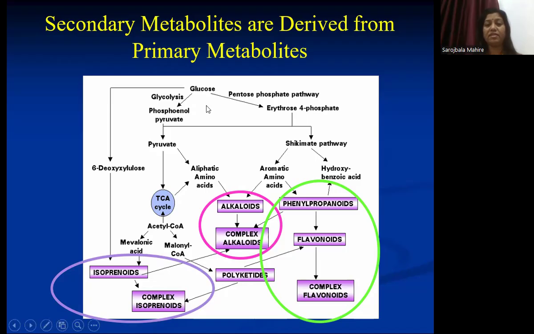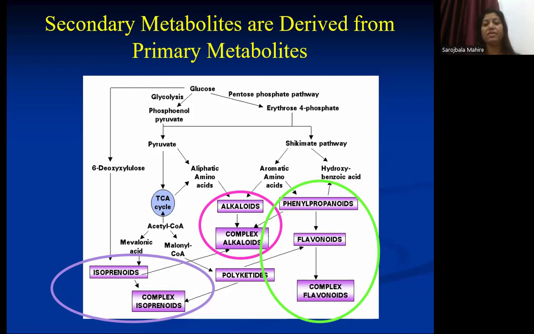In another case, from glucose by the pentose phosphate pathway, erythrose 4-phosphate will synthesize, and next to that, again phosphoenol pyruvate, and then the shikimic acid pathway. From this shikimate pathway, aromatic amino acids and hydroxyl acids are synthesized.